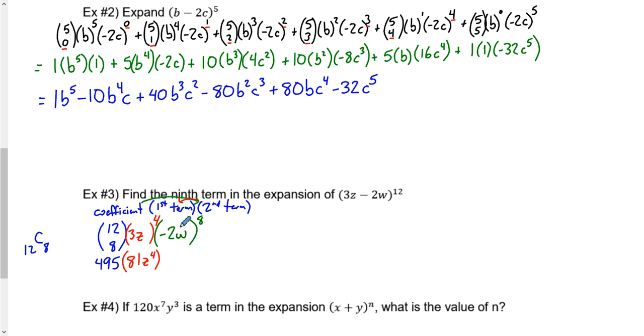Negative 2w to the power of 8, an even number of times means it's going to be positive. 2 to the power of 8 is 256. w to the power of 8. To get our final answer, multiply the coefficients: 495 by 81 by 256. That's fun.